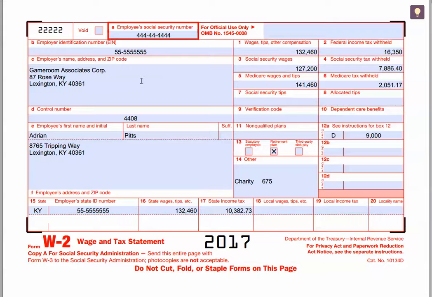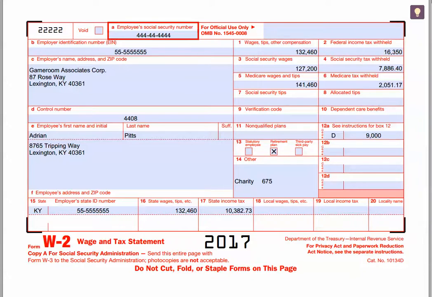So charity went in line 14 again. But the 401k contribution goes in line 12, and that's usually labeled as a D. The only way that you would know that, you'd probably have to look back in the chapter to find that information. Let's see, when you're looking at the W-2 for line 12B, they don't even have that particular one. So you have to actually look at a W-2 statement for the explanation for that.